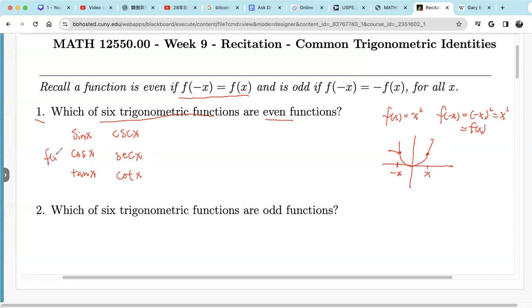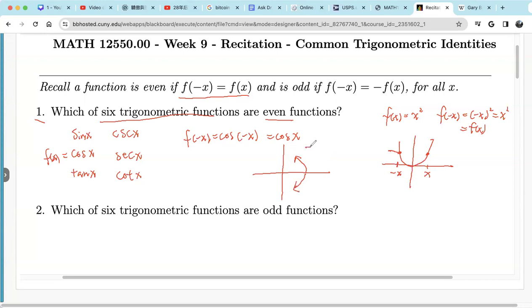The cosine function. If we call cosine f of x, then f of negative x equals cosine of negative x, that is cosine x. If we think in the graph, when we measure a positive angle, we go this way, and for a negative angle, we go this way.